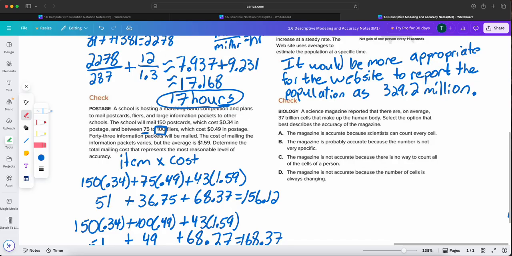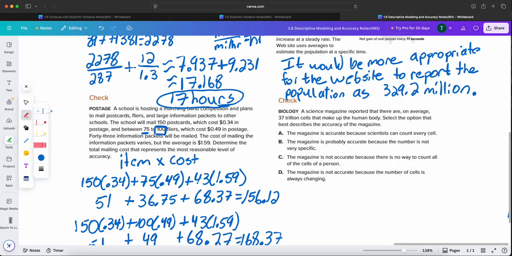A, the magazine is accurate because scientists can count every cell. B, the magazine is probably accurate because the number is not very specific. C, the magazine is not accurate because there is no way to count all of the cells of a person. Or D, the magazine is not accurate because the number of cells is always changing.